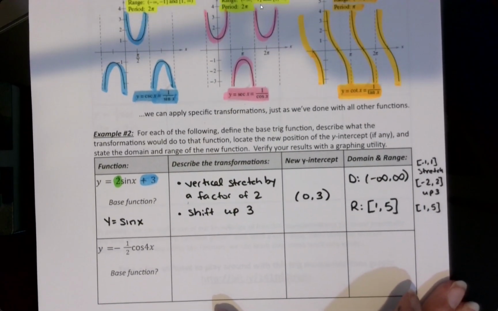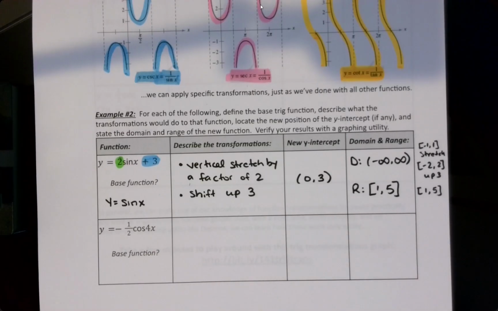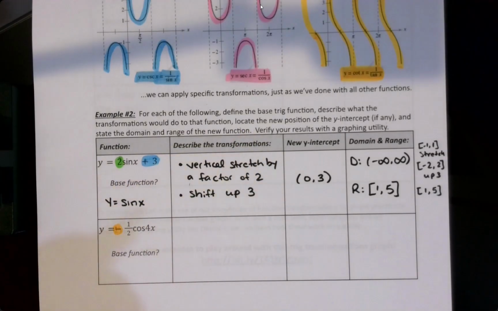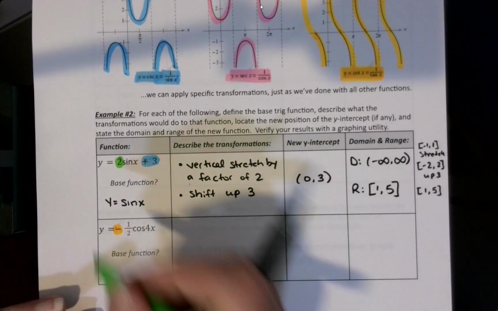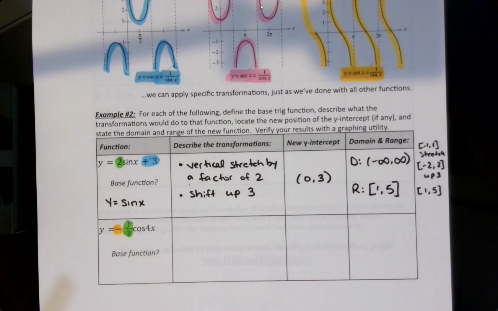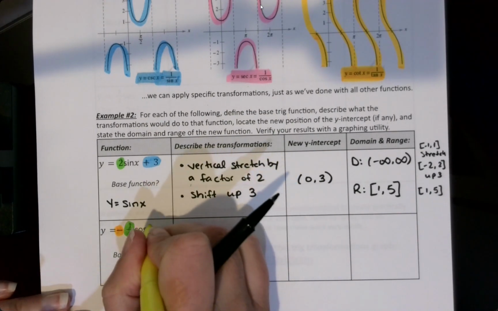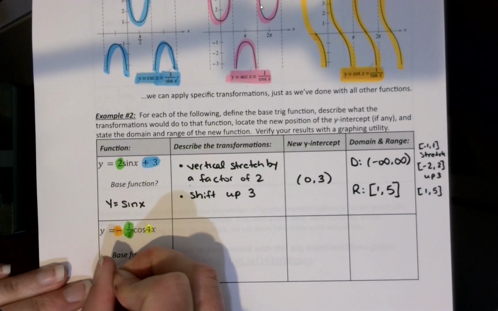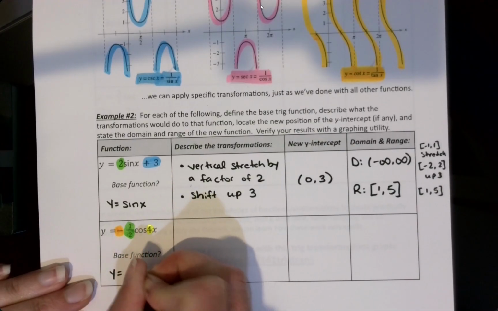Okay, let's look at the next one. Transformations. So I've got a negative multiplier. I've got a 1/2 multiplier, both on the outside. And then I've got a 4 multiplier on the inside. The base function for this graph is y equals cosine of x.